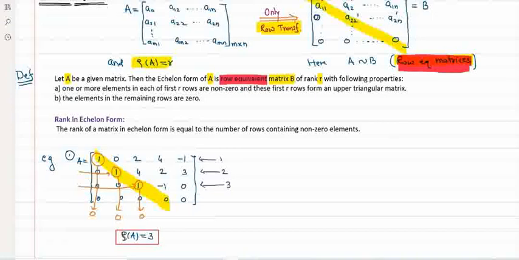Similarly, second example. I will write a matrix B. Directly I will use the elements like this.